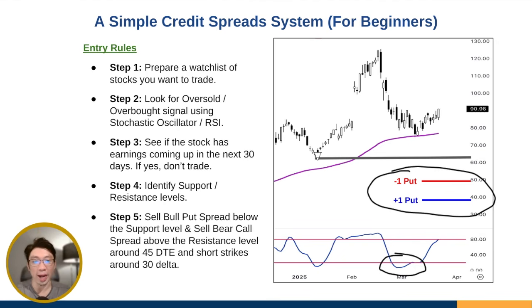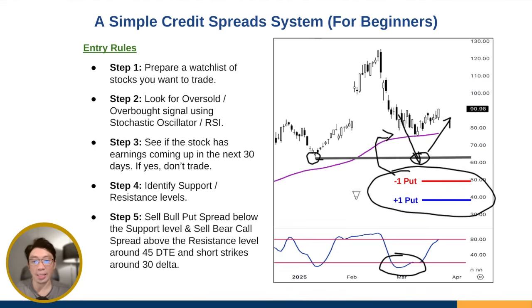Next, we have identified the support level, which is down here. And then we want the bull put spread to be below the support area. This way, like I mentioned, if the market comes down, finds support here and bounces back up, then your bull put spread down here would not be breached at all. So this is considered pretty strategic, rather than placing the bull put spread somewhere here, very random, right?